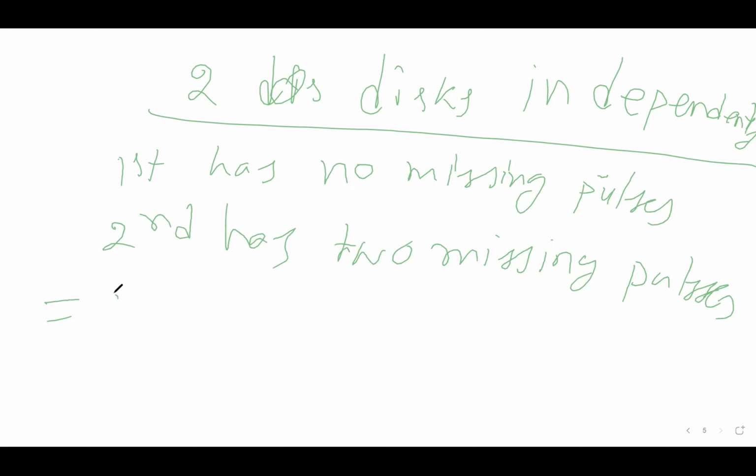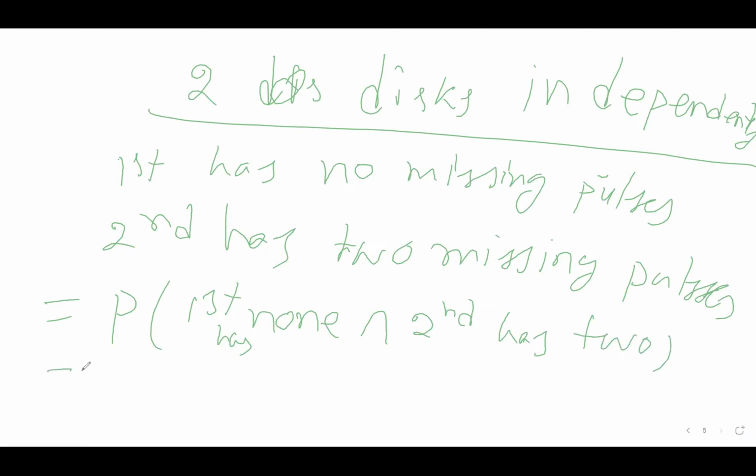That means we are looking for the probability that the first one has none, intersection, the second one has two. Since they are independent, that means the first one has none times the second one has two.